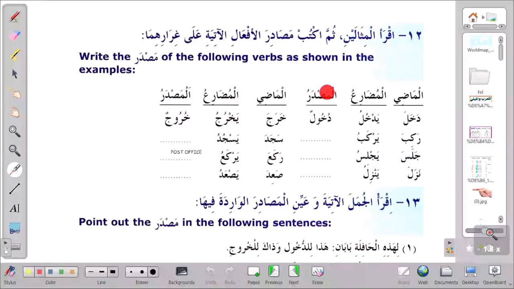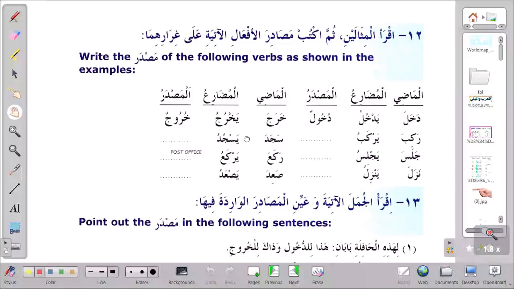For example, dakhala, he entered; yadkhulu, he is entering. But if I want a noun for the verb, the noun is entry, like dukhul. So dukhul, entry or entering. I hope that is clear. So that's what we term the masdar, the verbal noun. That's what they want to teach us here.